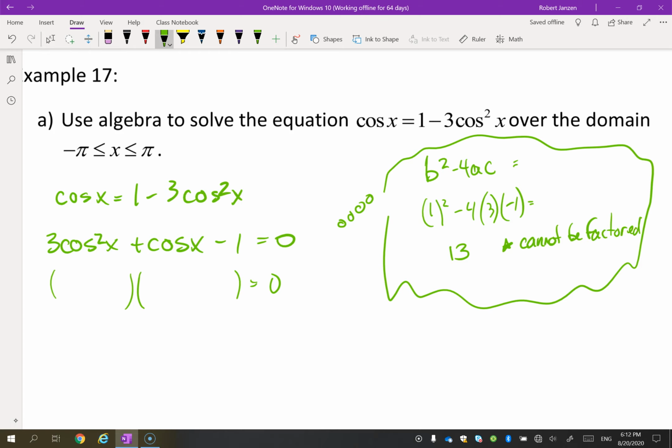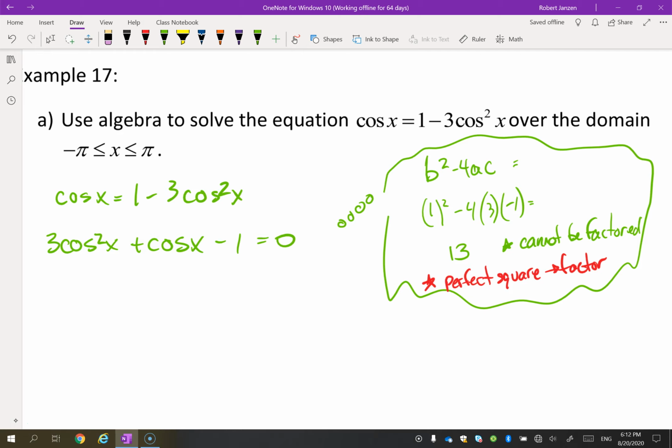Okay, what are we looking for here? Just as a reminder, if the discriminant is a perfect square, that means you can factor it. Okay, but this one can't be factored, so we can't do this. Do you remember what to do with a quadratic equation that can't be factored?